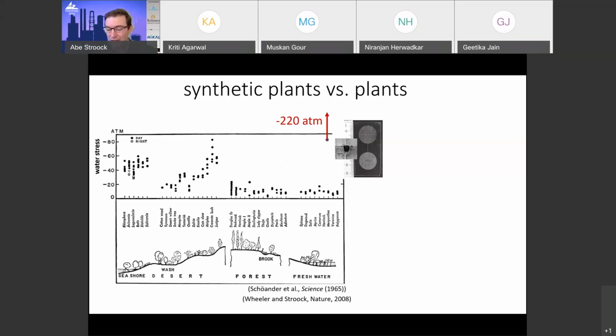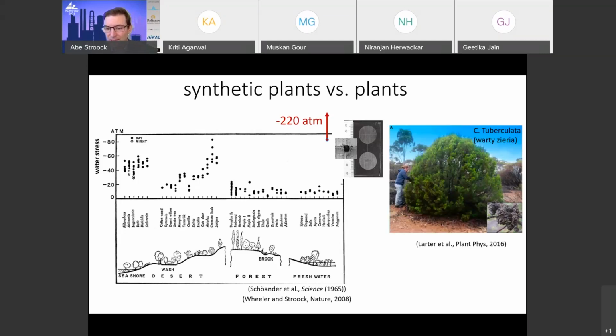Interestingly, 8 years later, a group of plant scientists in Australia found very much this same limiting stress in this Wartyzeria from the outback in Australia, suggesting that perhaps there is something special about this stress that we've found.